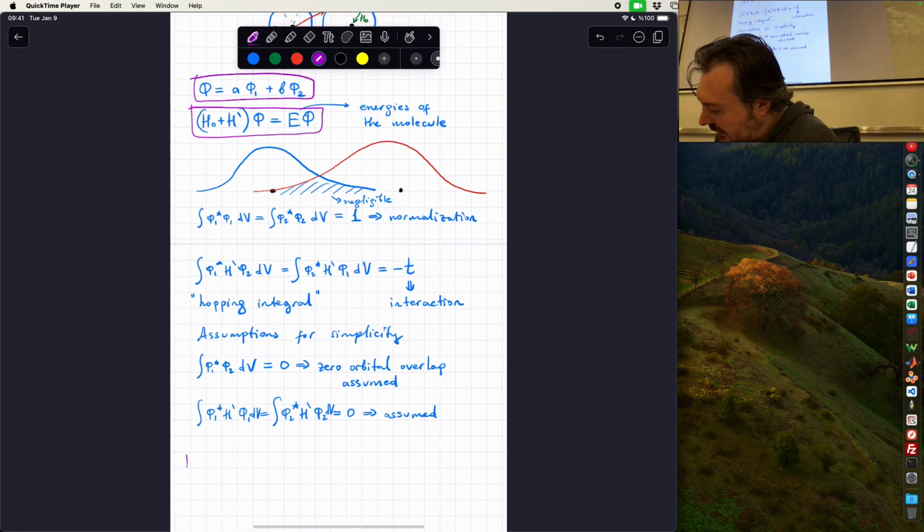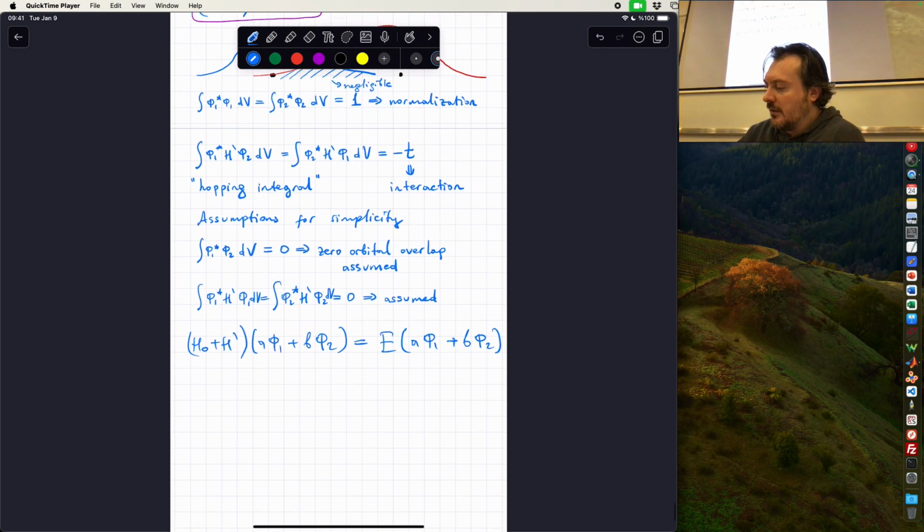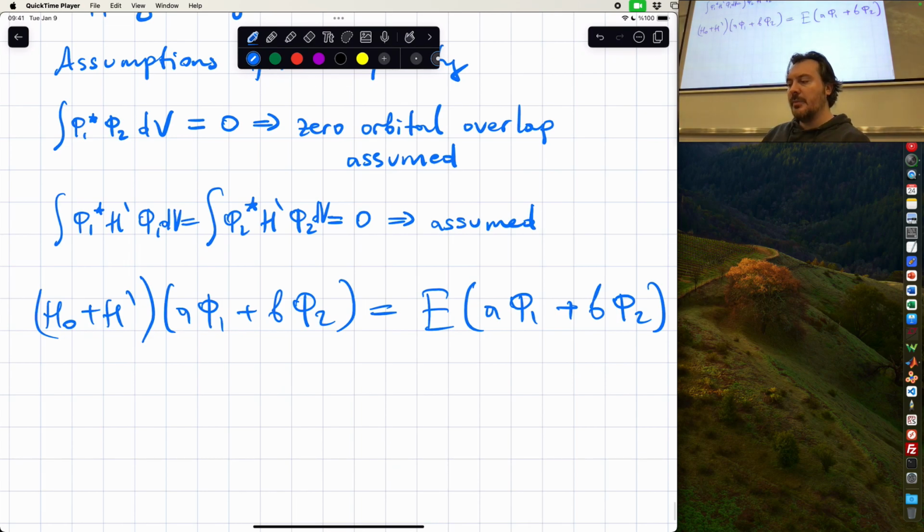It says that H0 plus H prime multiplied by A phi 1 plus B phi 2 is equal to E times A phi 1 plus B phi 2. That's our main equation. And then based on these assumptions, we are going to get some nice results. Do you have any questions at this point?